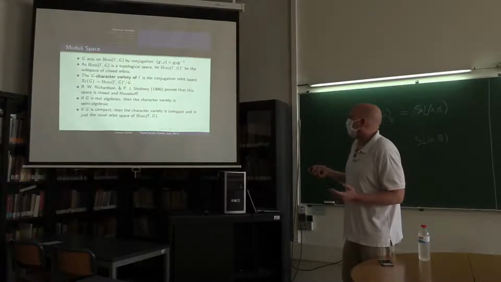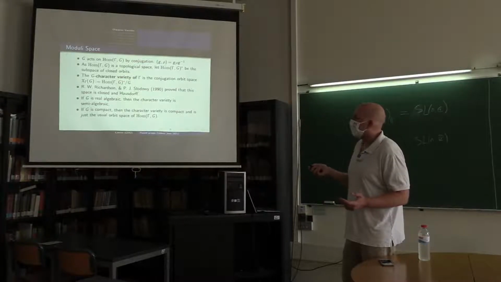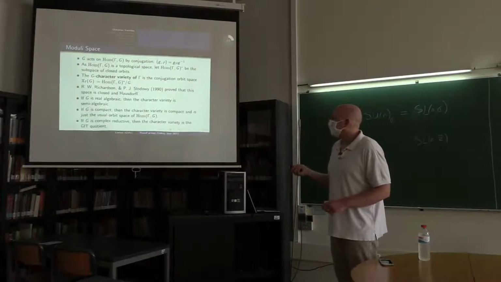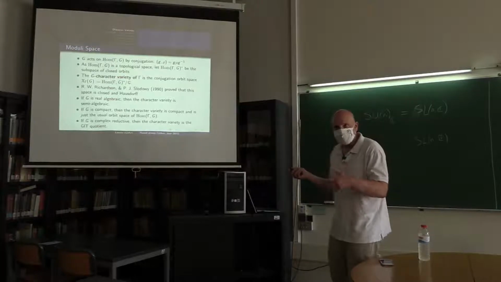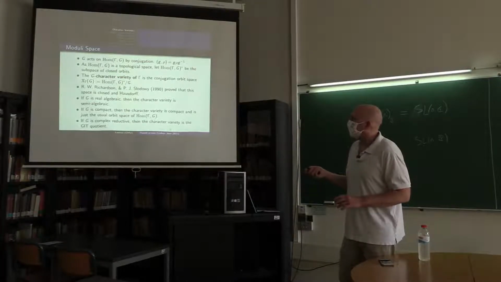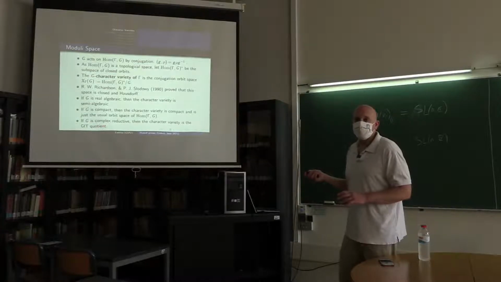If G is compact, then all the orbits are closed, so we don't actually throw anything out. So this thing is just the usual orbit space in that case. And if G is complex reductive, then this thing, in the analytic topology on an affine variety, not the Zariski topology, is actually identified with the geometric invariant theory quotient.